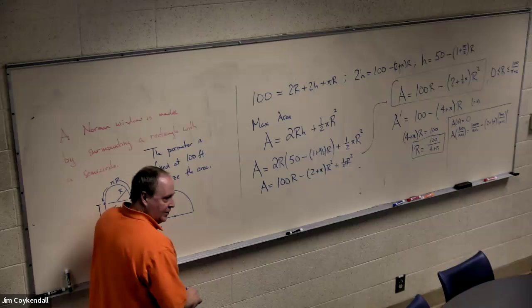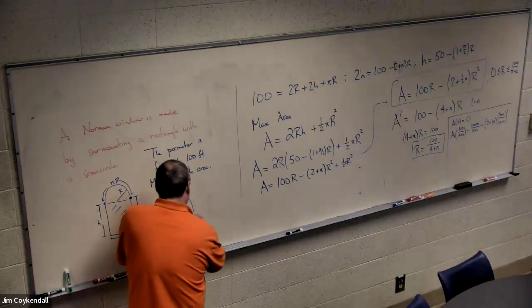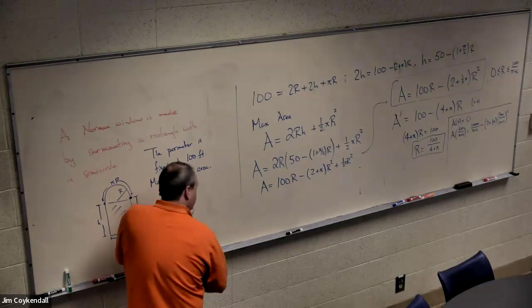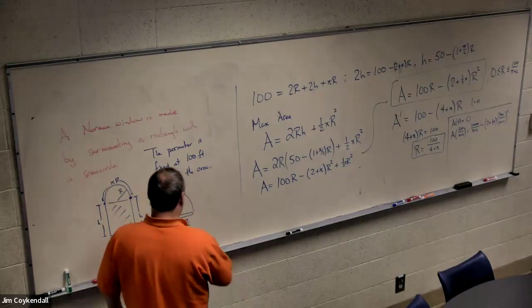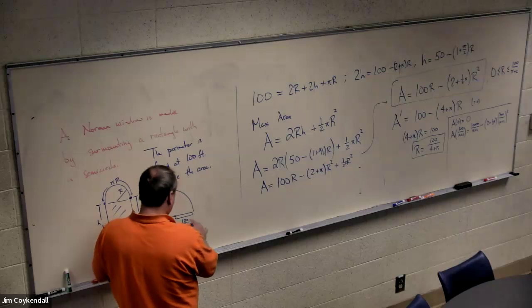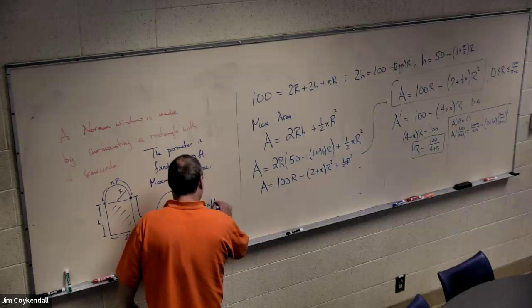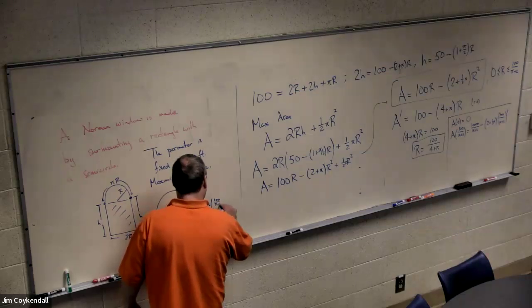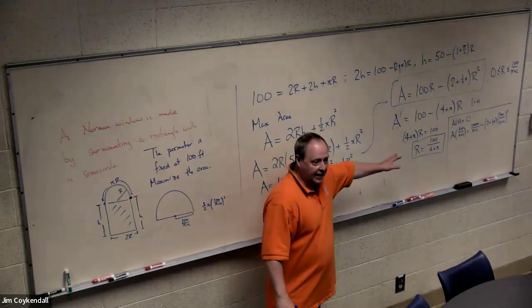Isn't this what happened at the other endpoint? What was R? The radius was 100 over pi plus 2. It should be this one half pi times the square, which is what you should get from simplifying.